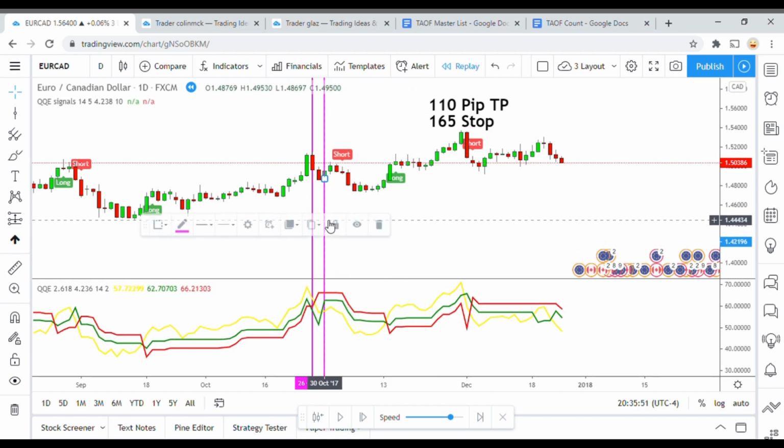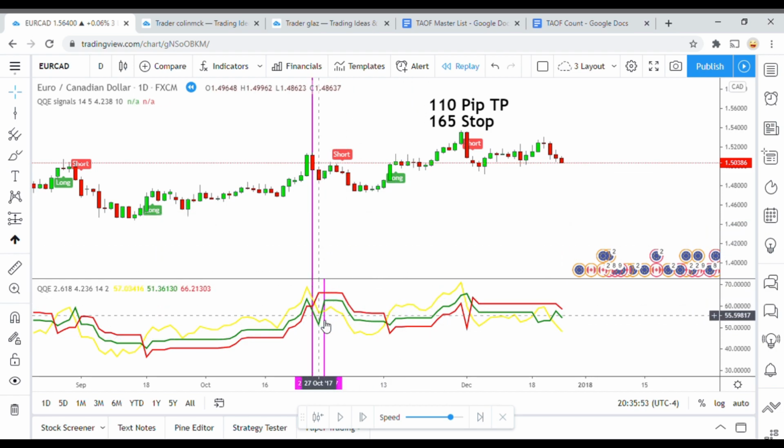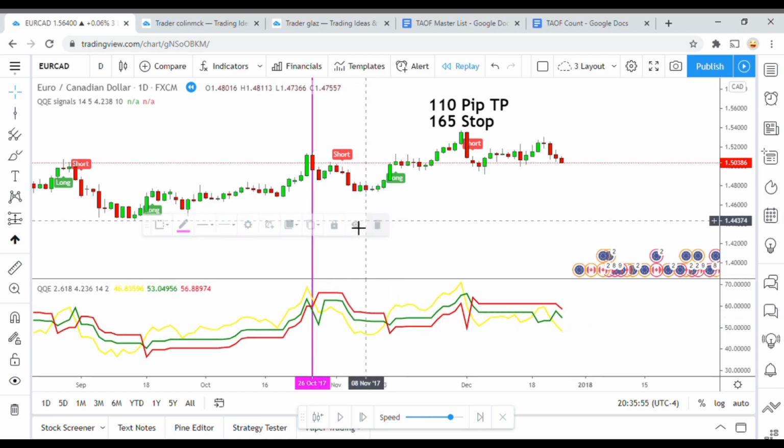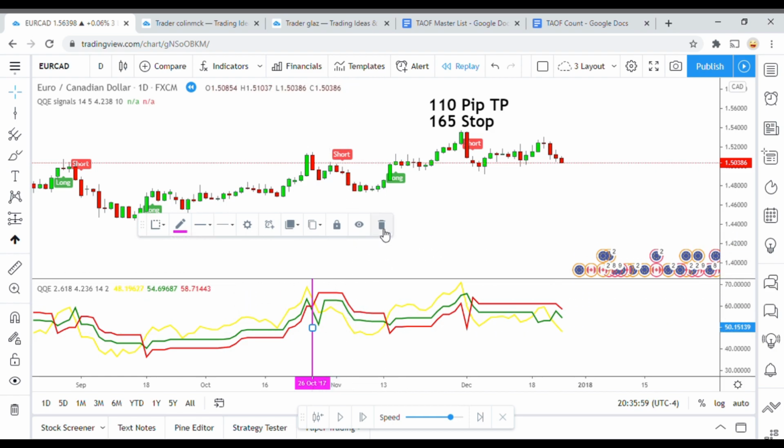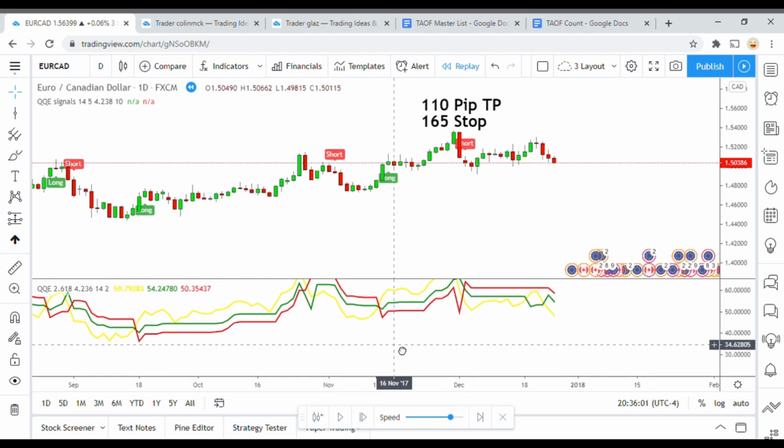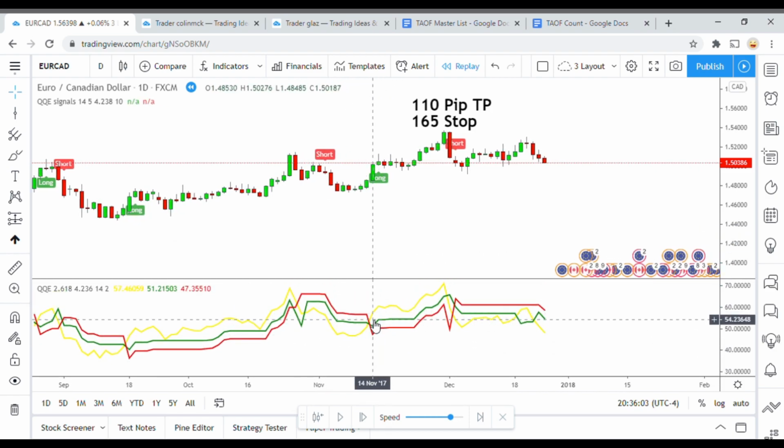And so you see here in this area over here, let me erase these. There we go. So you see in this area over here, the QQE has actually broke out at the same time the cross took place of the green and red.